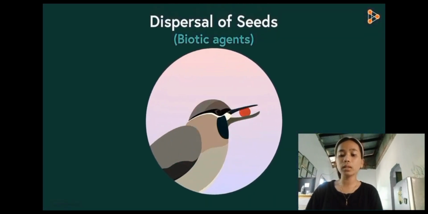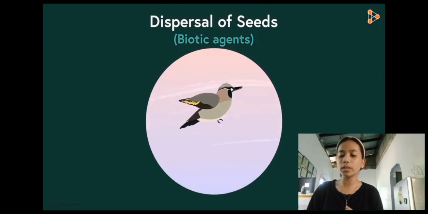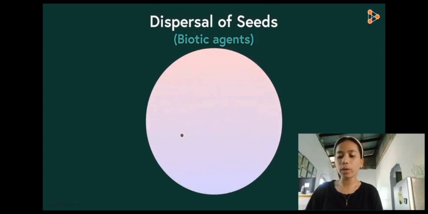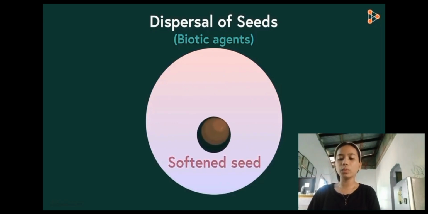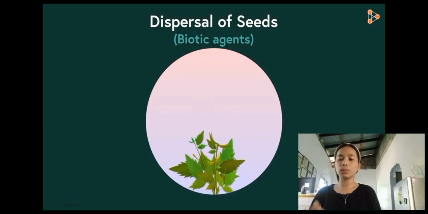Now, if such a fruit is consumed by a bird, the seed does not get digested in the bird's body, and it is thrown away directly. However, the seed is softened a bit due to chemical activity. So as the seed passes through the bird, its coat gets dissolved, and when it drops on the ground and rots, it becomes easy for the seed to germinate.